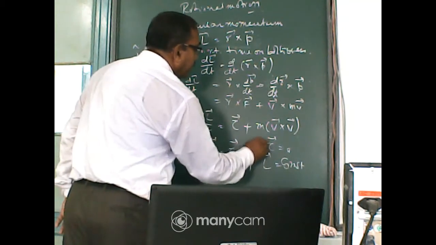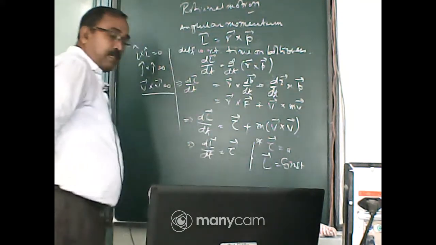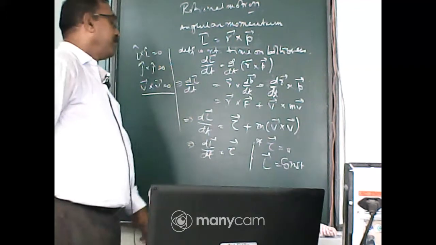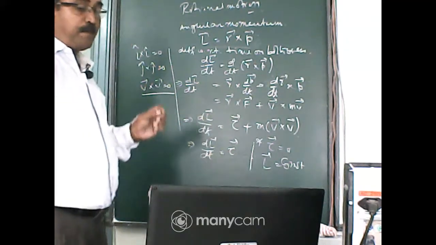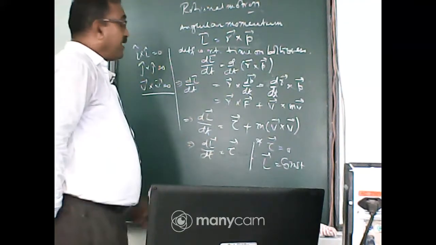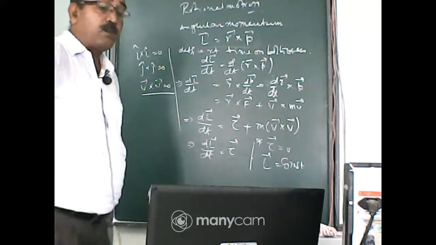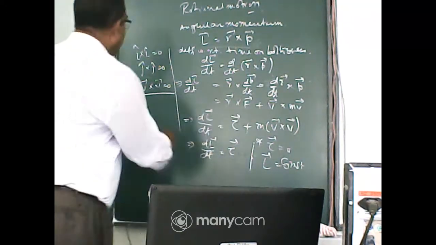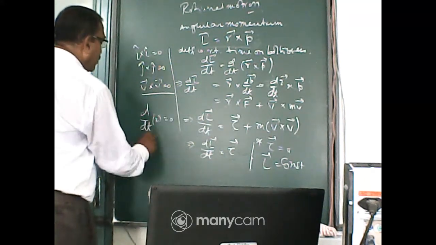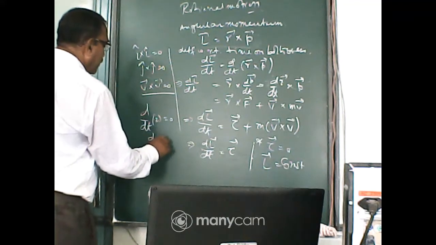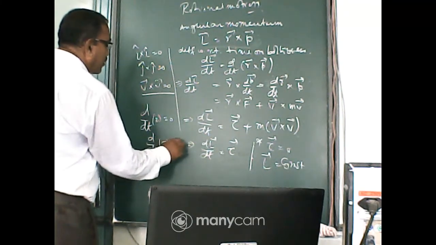Okay. If the derivative of a function equals 0, then the function must be constant. You know d dt of 2 equal to 0, d dx of c equal to 0.